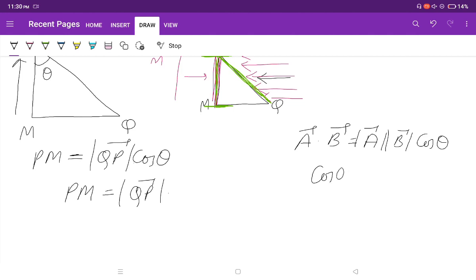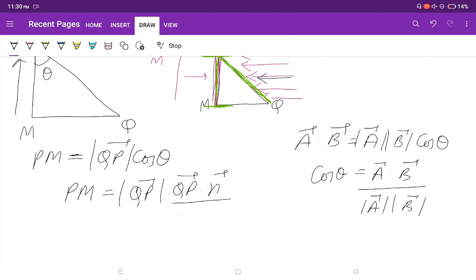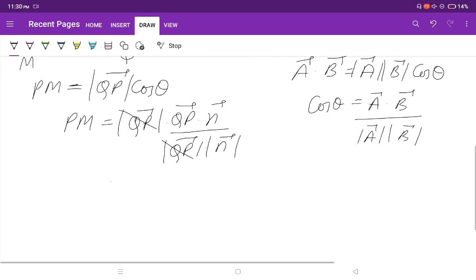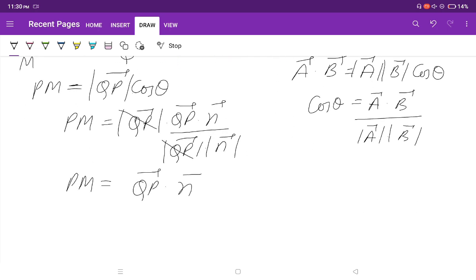So cos theta equals A vector dot B vector divided by the magnitudes of A and B. So we have QP vector dot n vector divided by n vector's magnitude.